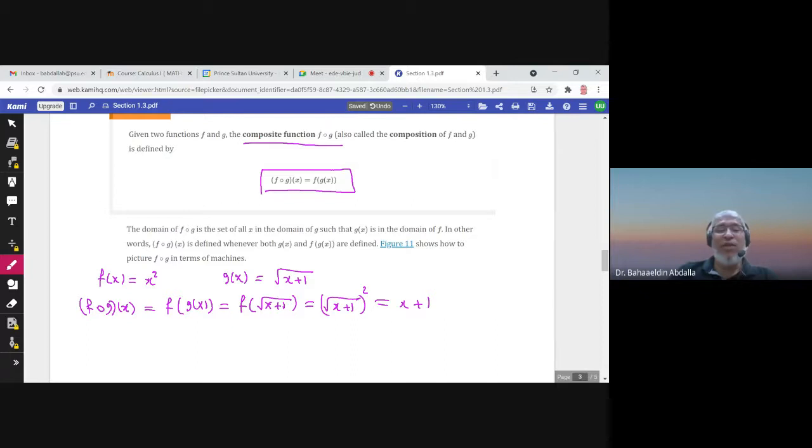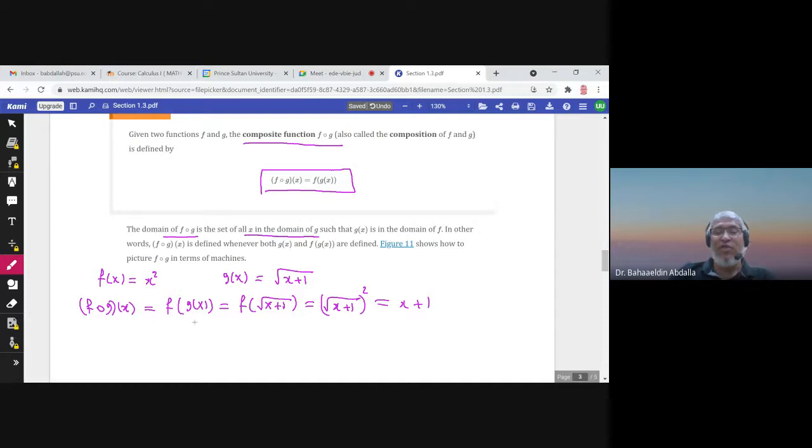Now what would be the domain of f circle g? Well, it would be the domain of the result, intersection the domain of g, because first you find g of x. So set of all x in the domain of g, domain of g is important, such that g of x is in the domain of f.